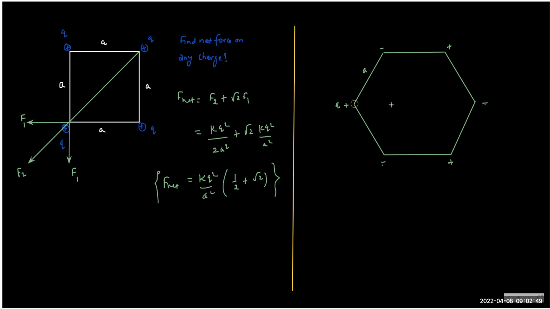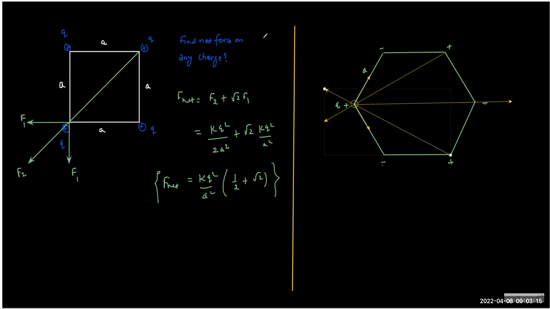One force is attraction in this direction, right? Yes, sir. This will also attract, and this is also attracting, right? Yes, sir. But the rest of the two will repel. So this will repel, and this will repel.